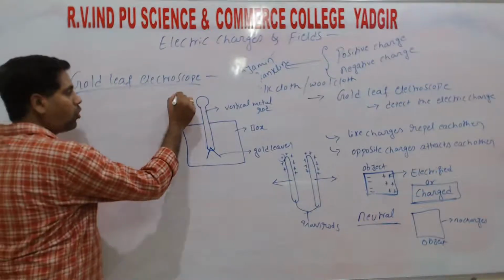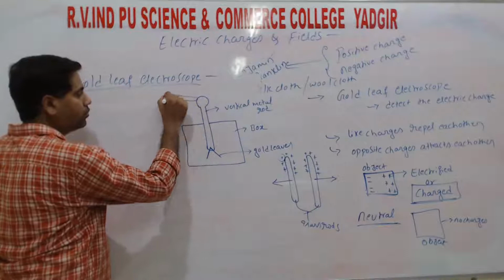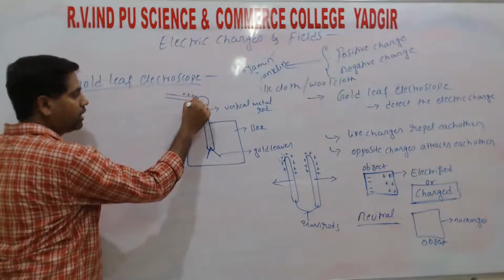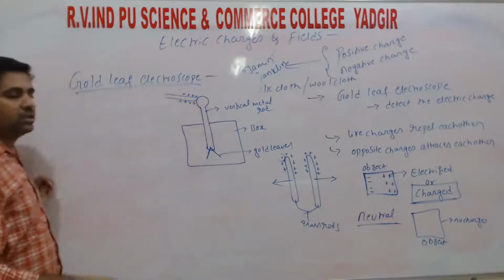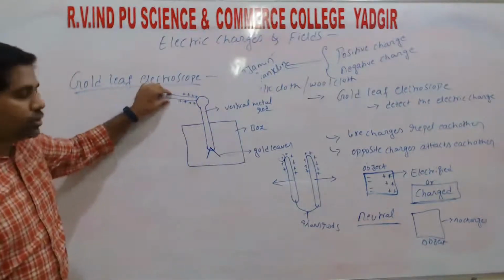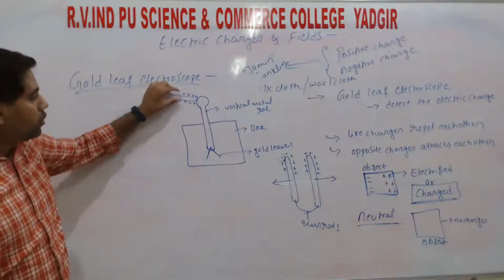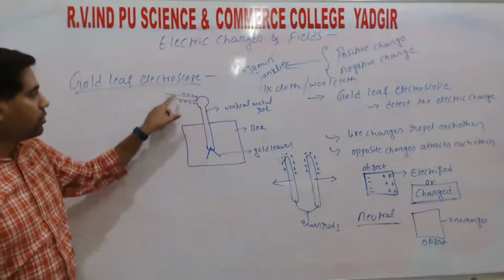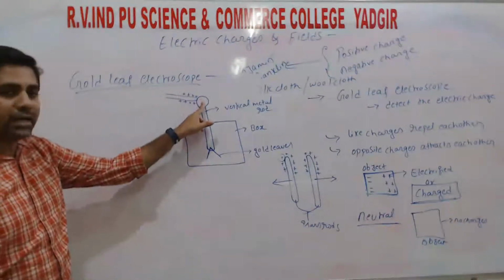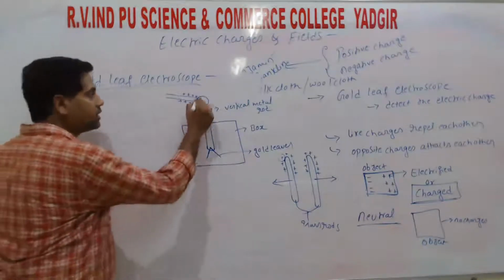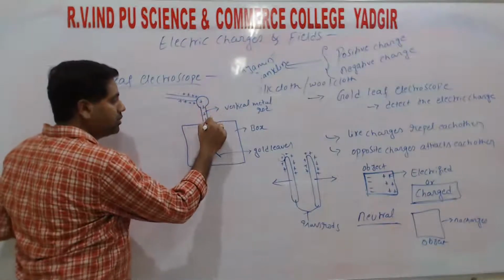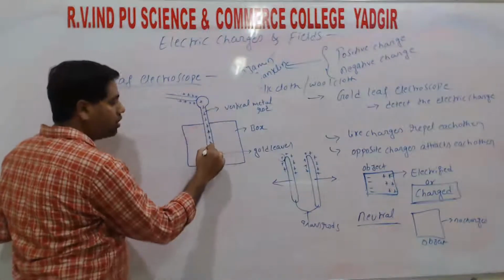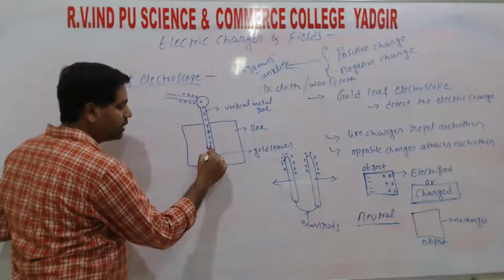Now, consider a charged body, a charged glass rod, right? It is positively charged, right? When this positively charged object is made to touch the knob of the vertical metal rod, the charges will flow along the vertical rod and then to the leaves, right?